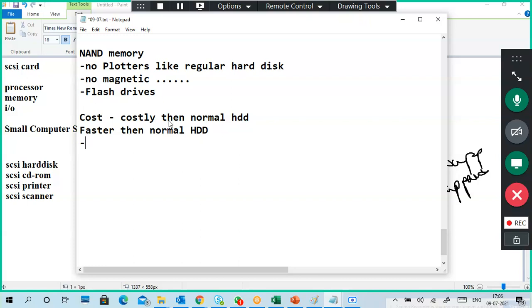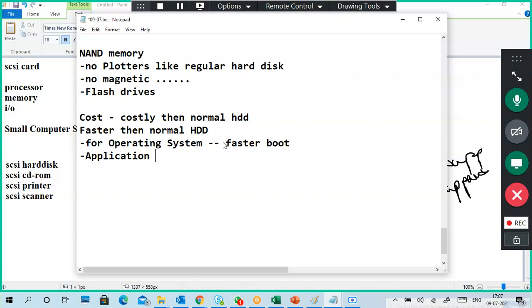So where do we use it? It is used for operating system installation. So we can put an operating system on it, and then we can achieve faster booting. Fast booting is possible. And for applications, some applications are very heavy.